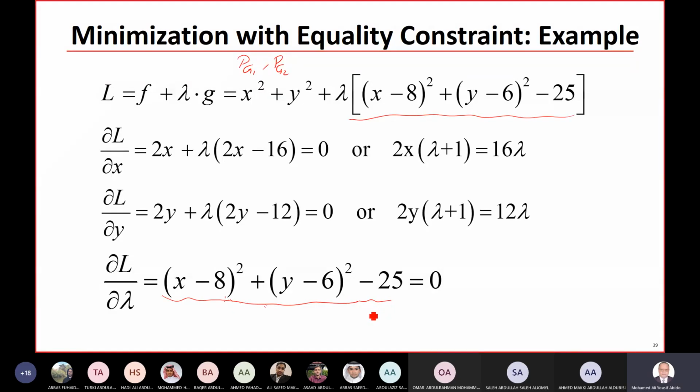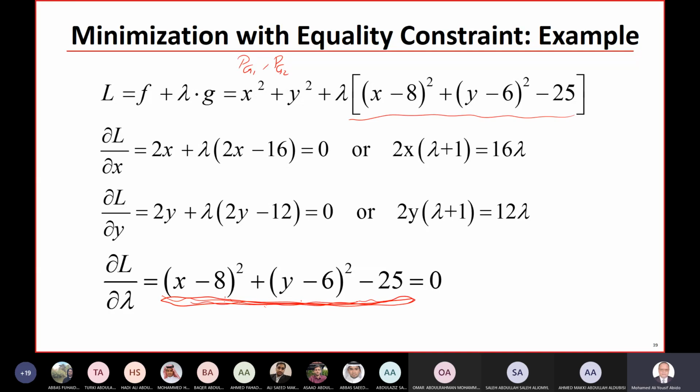That means the constraint is satisfied implicitly. I mean, we said that the solution must satisfy the constraint, right? Yes. And here the constraint equals 0, so the constraint will be satisfied automatically. I hope this point is clear.